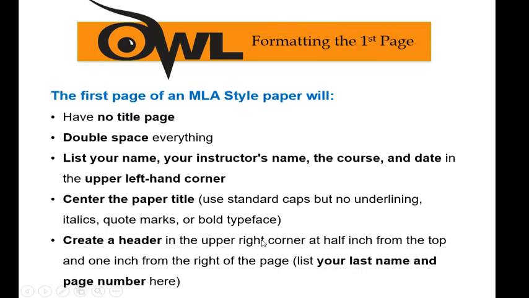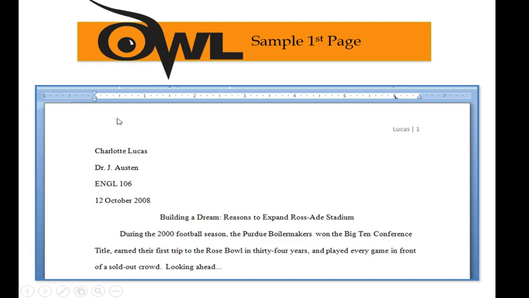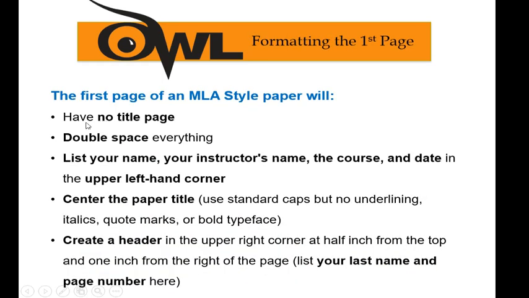I'm going to show you one example later, okay? According to the first page, using the MLA style, the paper will have no title page. Double space everything. You have to list your name, your instructor's name, the course and date in the upper left hand corner.